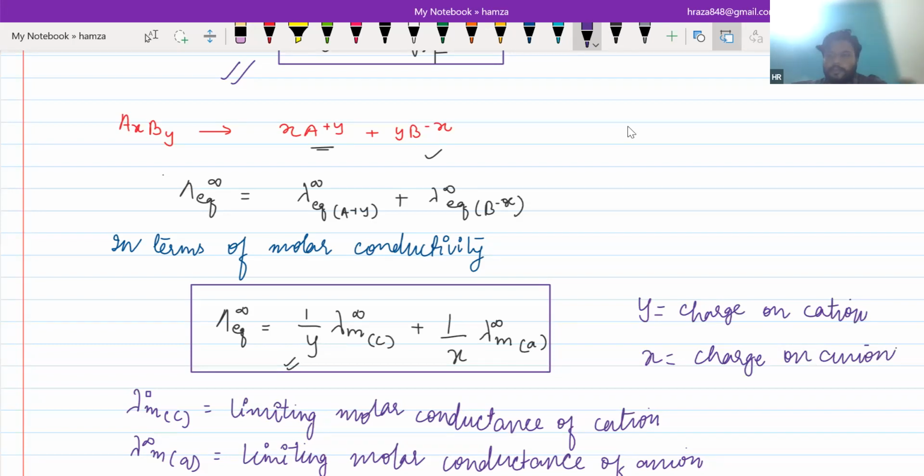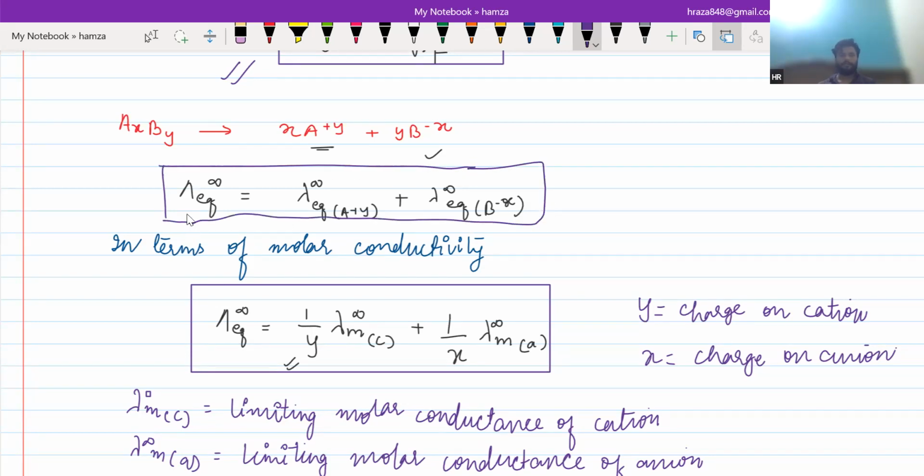There is a difference between equivalent conductivity and molar conductivity. In equivalent conductivity, you don't need to balance. But in molar conductivity, we need to balance it. I will just explain. Please write. This is equivalent conductivity. In class 11th, have you studied about equivalent concept and mole concept?